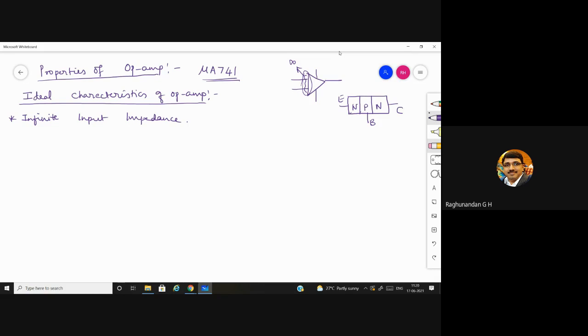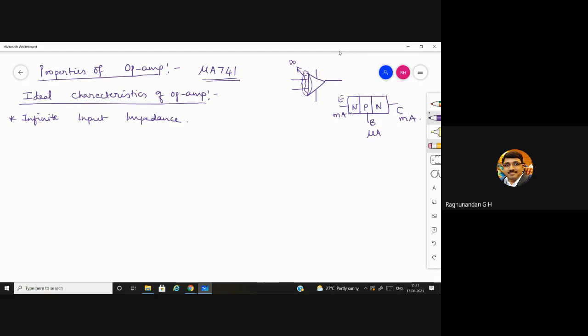So this is heavily doped, this is lightly doped, this is moderately doped. The emitter current will be in terms of milliampere, base current in terms of microampere, and collector current in terms of milliampere.